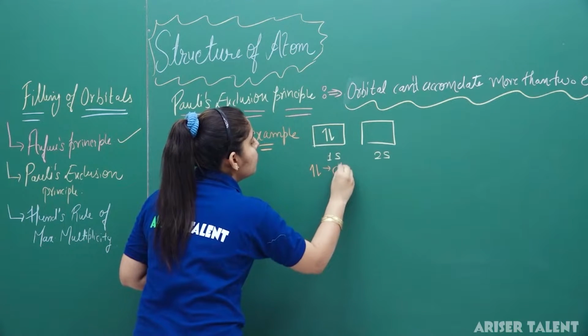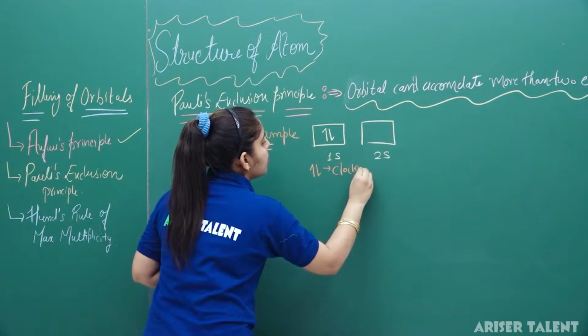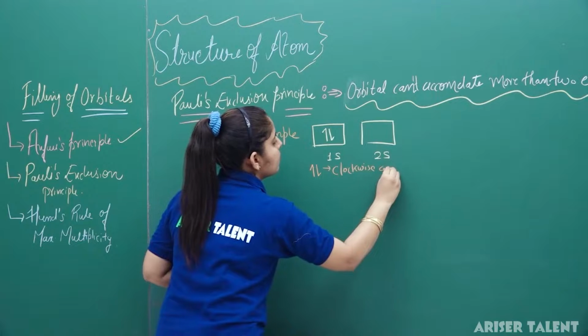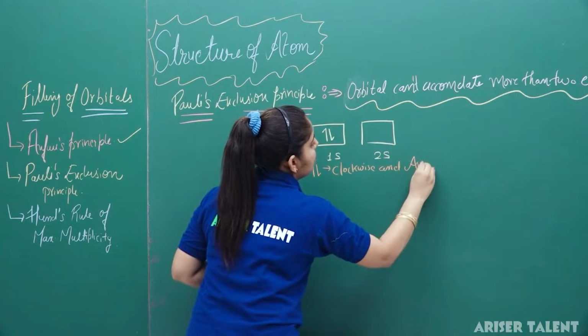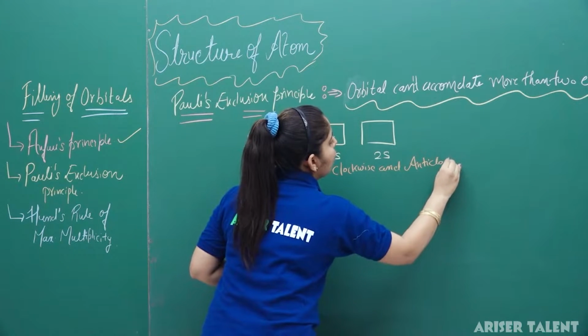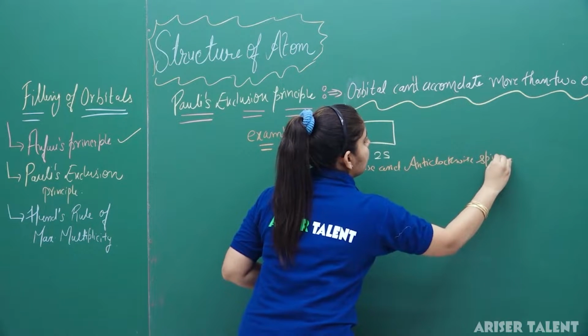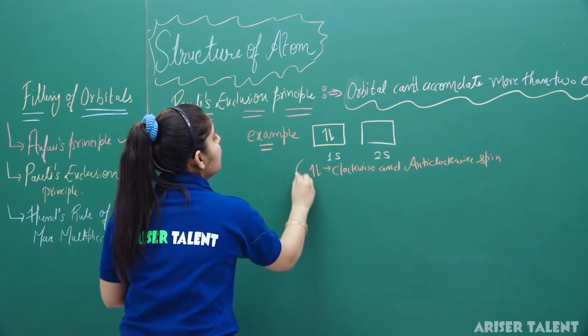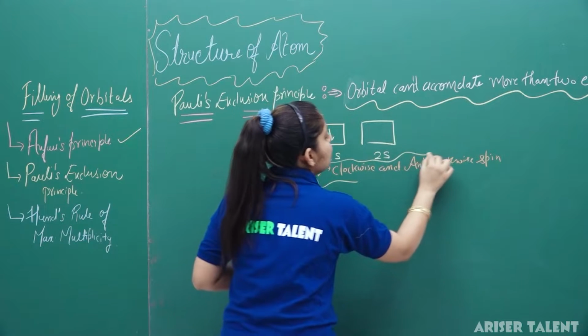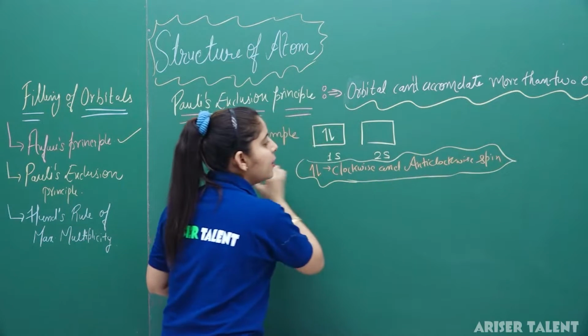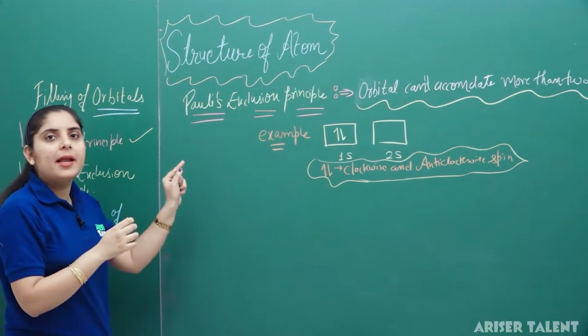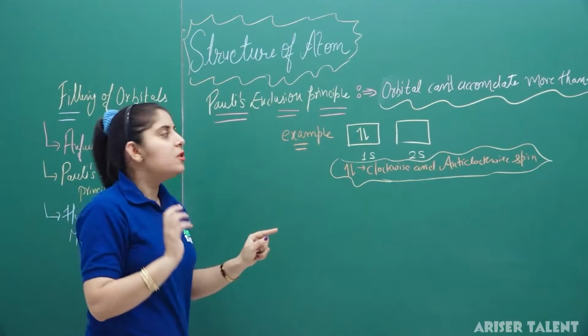So, this is the main idea of Pauli's exclusion principle: we fill only two electrons in the orbital and both electrons have opposite spin.